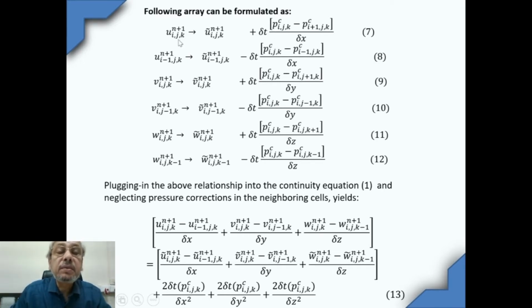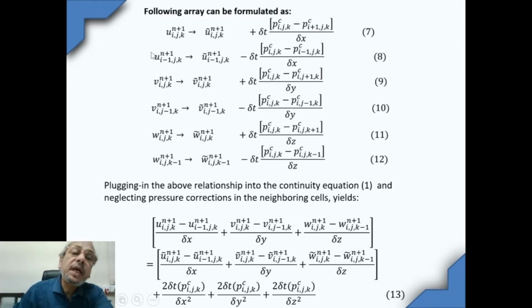So we are writing Uijk at a level n plus 1. This will evolve if we keep on adding to the provisionally advanced velocity quantity delta t into Pijk minus Pi plus 1 Jk by delta x. And this Pijk and Pi plus 1 Jk are pressure correction terms.